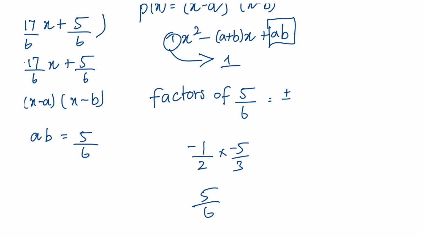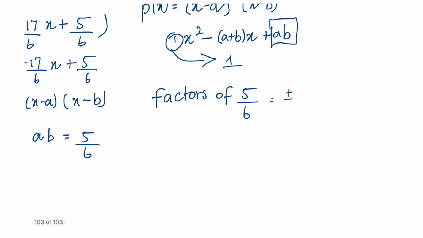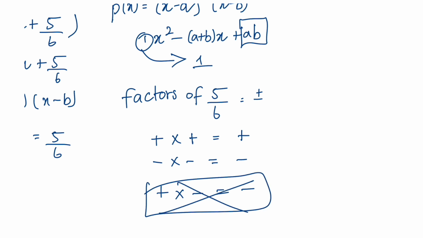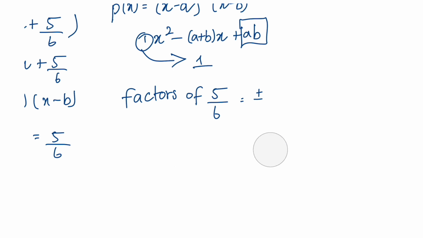So the product of two negative numbers can also result in a positive value, that is 5 by 6. So we don't know if the zeros are exactly positive or negative. These numbers can be either positive or negative, but both numbers have to have the same sign, because plus into plus gives you plus, minus into minus gives you plus, and plus into minus or minus into plus just gives you minus. Those are things that we don't want. So both zeros can be positive or both zeros can be negative.